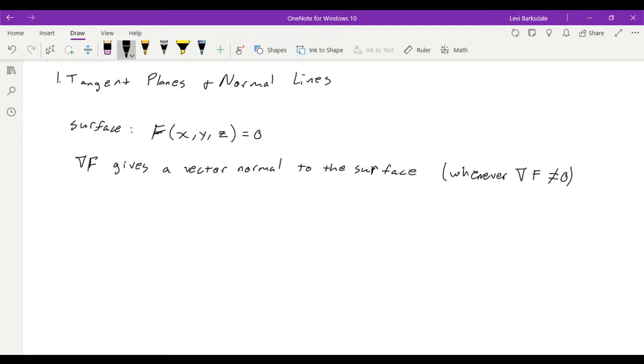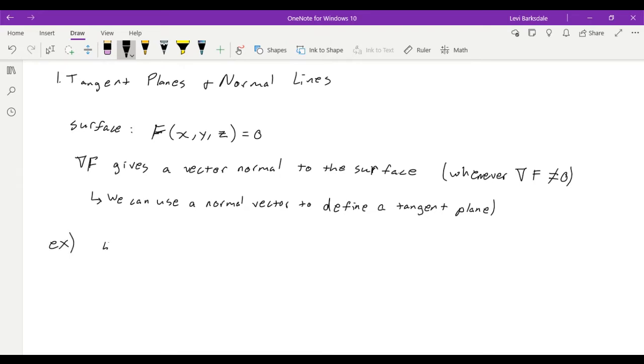And if you recall from earlier in the course, we can use a normal vector to define a tangent plane. So a big takeaway is that the gradient of a surface is a normal vector to that surface. So we'll start off with an example.